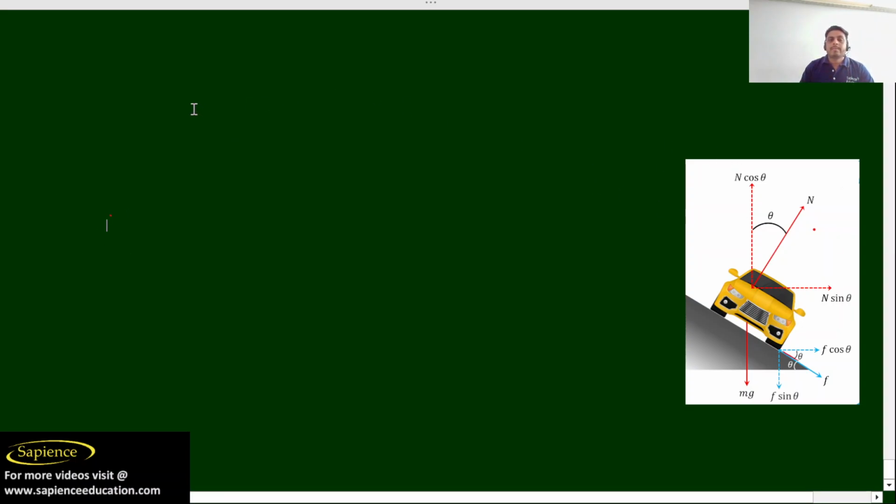In this figure you will be able to understand that I am considering friction. So, taking friction into account, there will be two cases.